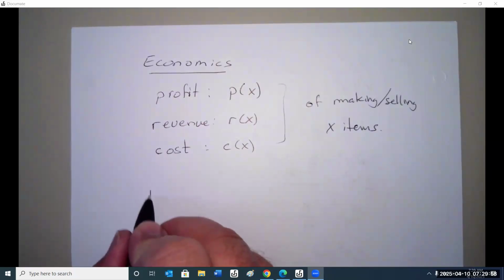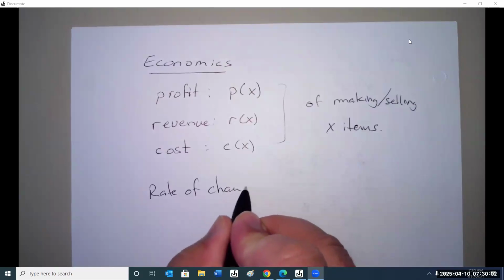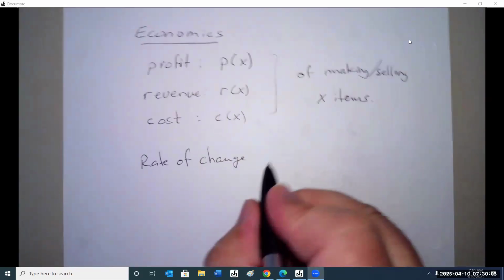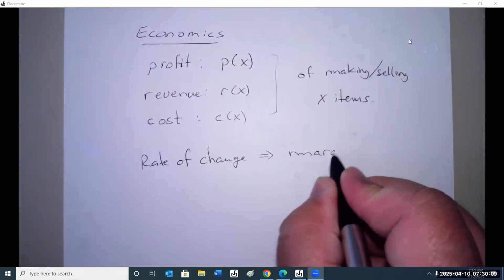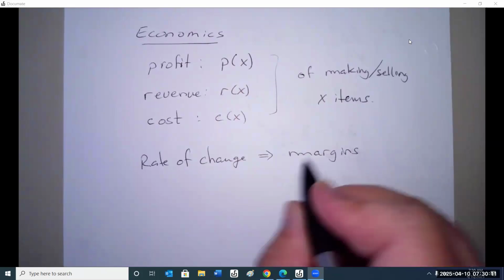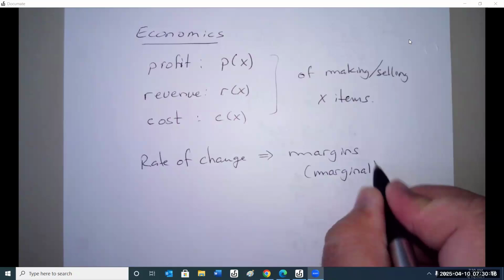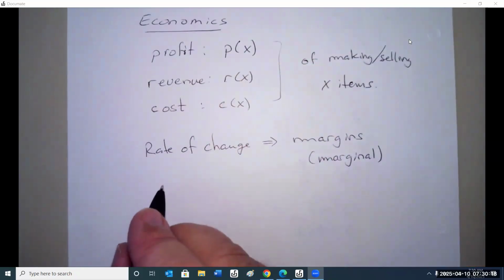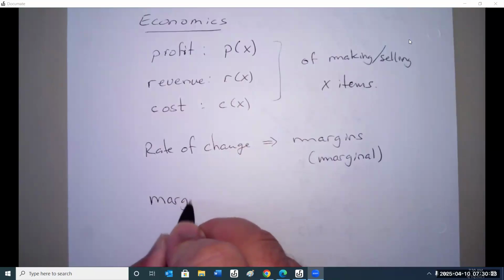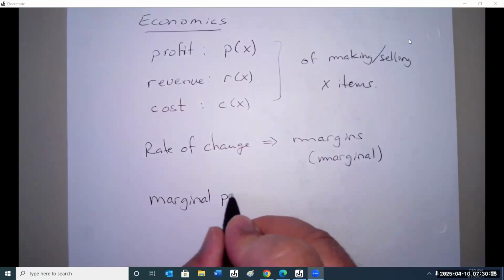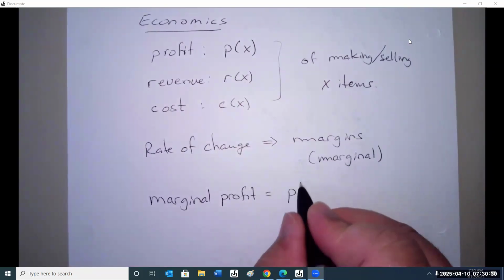Now, we look at rate of change. That's what we're looking at in this first half of this course. In business, those are called margins or marginal. So the marginal profit would be the first derivative of your profit.